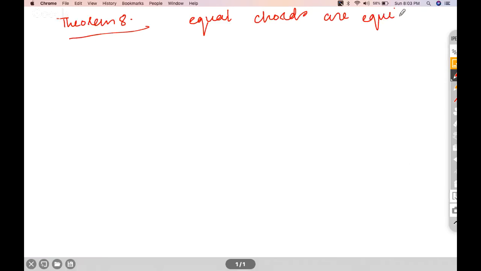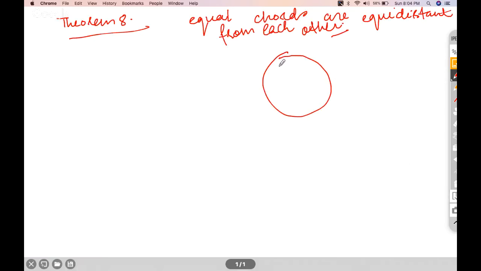It tells me that equal chords are equidistant from the center. So I draw a circle like this, and I have a chord AB, I have another chord CD.